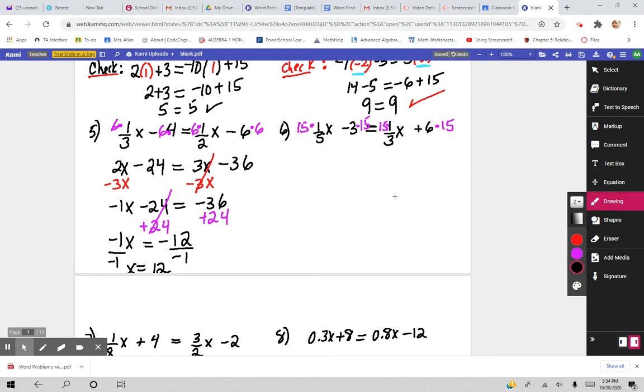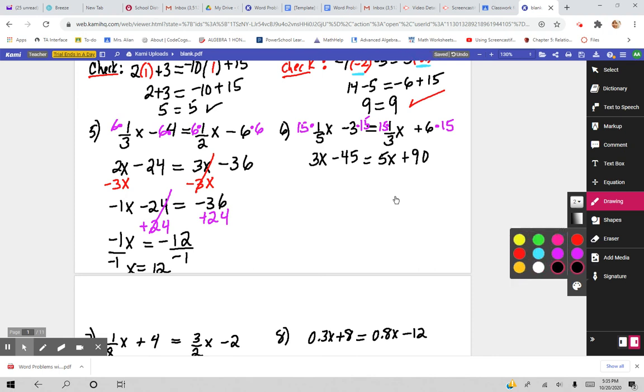Okay, 15 times 1 is 15. Divided by 5, that is 3x. 3 times 15, that's minus 45. 15 times 1 is 15. Divide that by 3, that's 5x. And 6 times 15, that is 90.